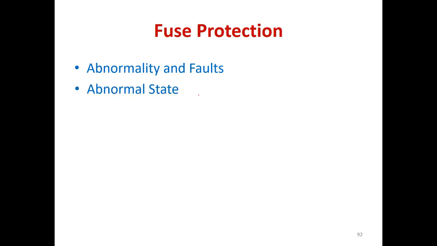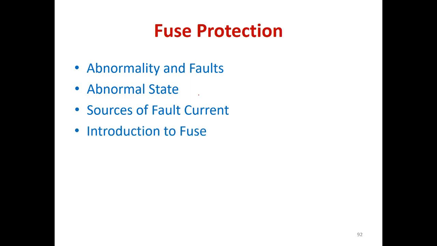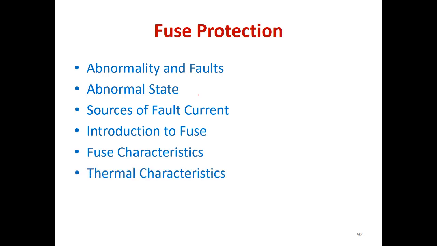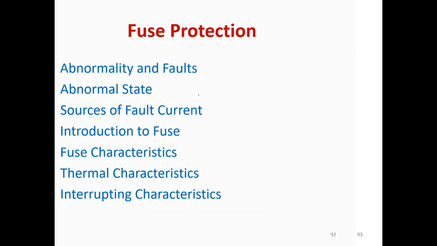Then we'll talk about the abnormal state, the sources of fault current, how the fault current is provided by different sources, then an introduction to the fuse, the fuse characteristics, the thermal characteristics of the fuse and the interrupting characteristics of the fuse.